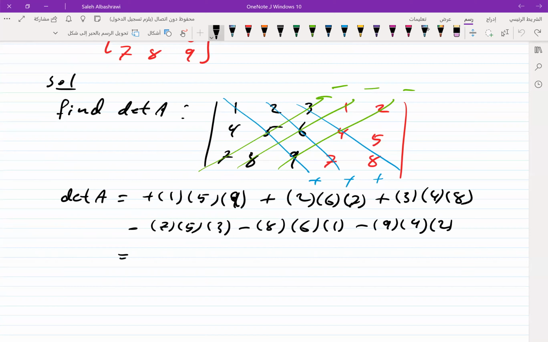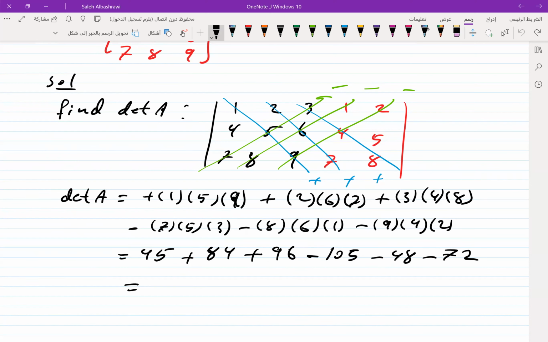The first one will give me 45, plus 2 times 6 times 7 is 84, plus 3 times 4, 12 times 8 is 96. Minus 7 times 5, 35 times 3 is 105. Minus 8 times 6 is 48. Minus 72.